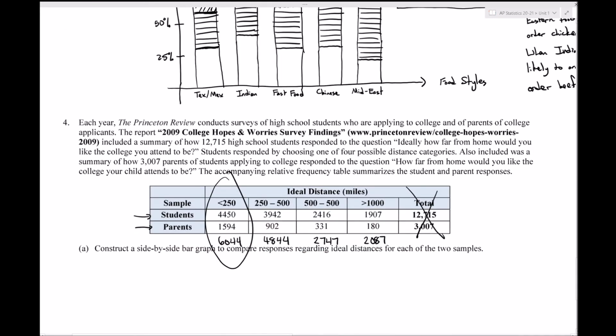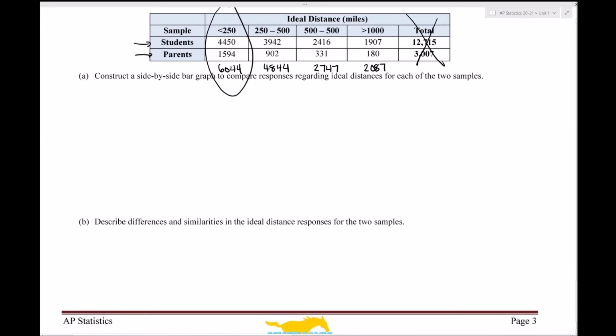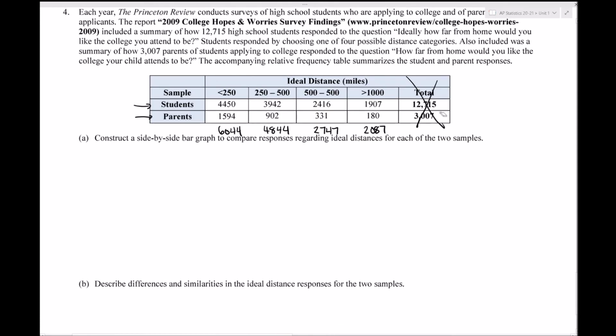That's not the case here. Yes, I want to see which bars set side by side are bigger than each other, but we don't necessarily have to do that with a percentage out of just the category. I might want to change those to percentage out of the sample, since these are different populations.